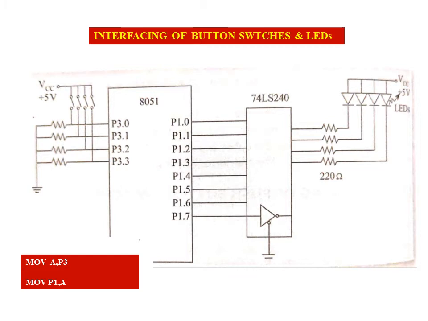This is an example for 4 switches and 4 LEDs. Here 8 pins are connected, but not all 8 pins are utilized. Only 4 are utilized, this one: 1, 2, 3, 4. The remaining are not utilized.